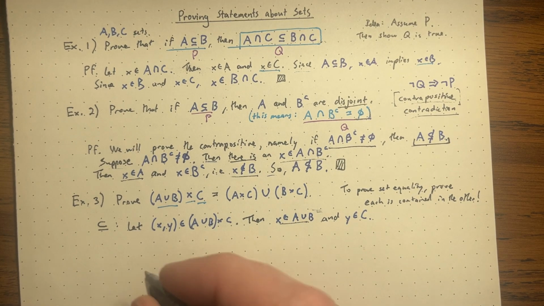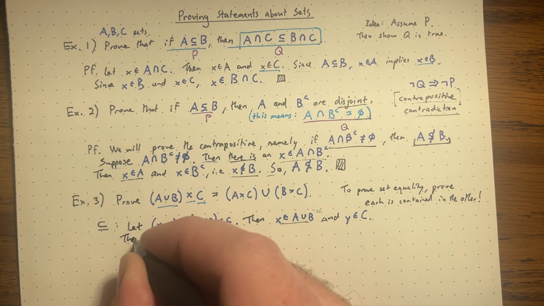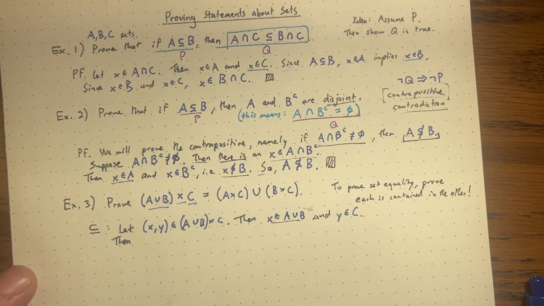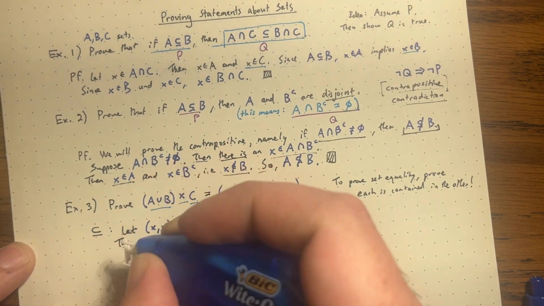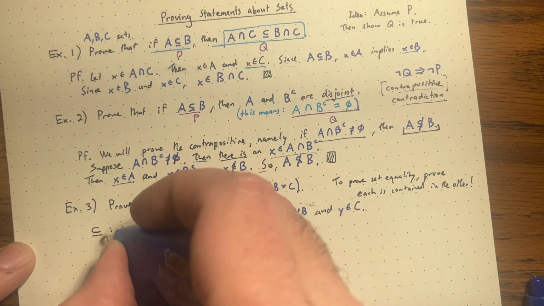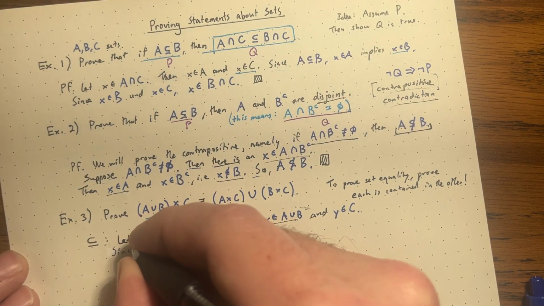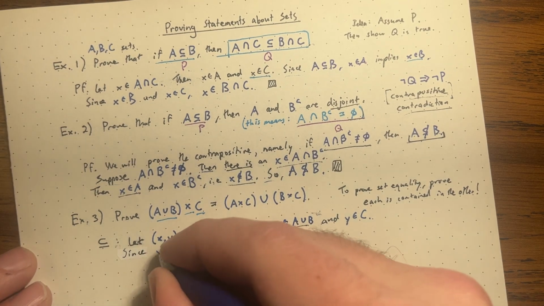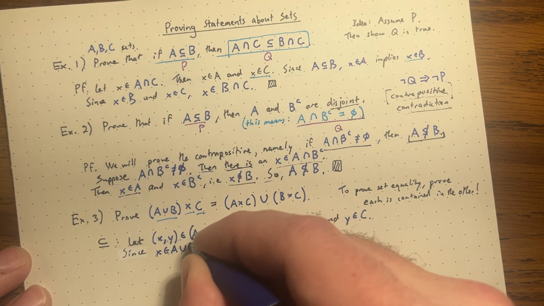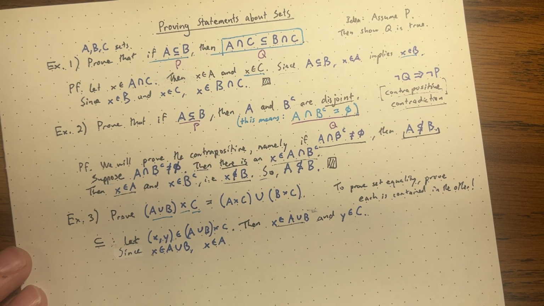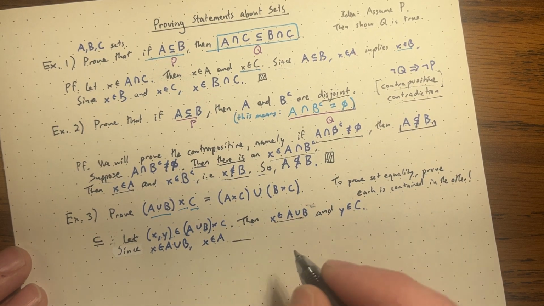Let's unravel this then, just to make it super clear to our reader. Since X is in A union B, X is in A, what should I put, or and?